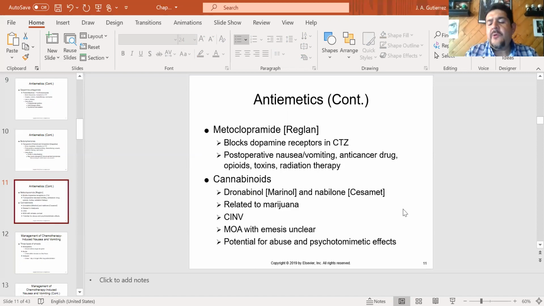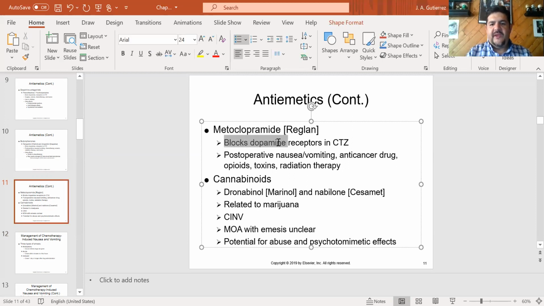Metoclopramide, Reglan, was used a lot a few years ago, maybe 10 years ago. It was one of the best drugs there to control nausea and vomiting. And not only because it blocks dopamine on the trigger zone of the vomiting center, but also because it regulates gastric peristalsis.